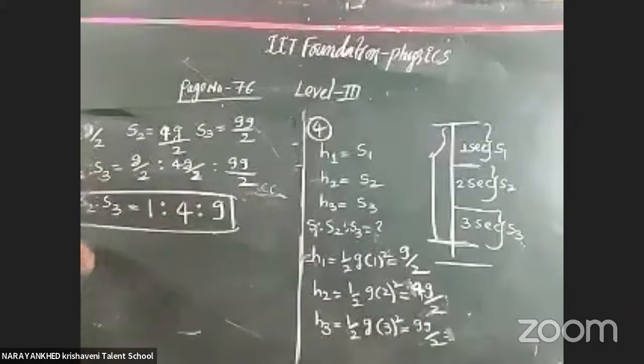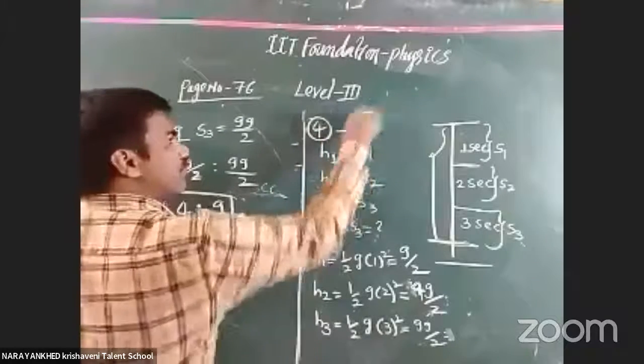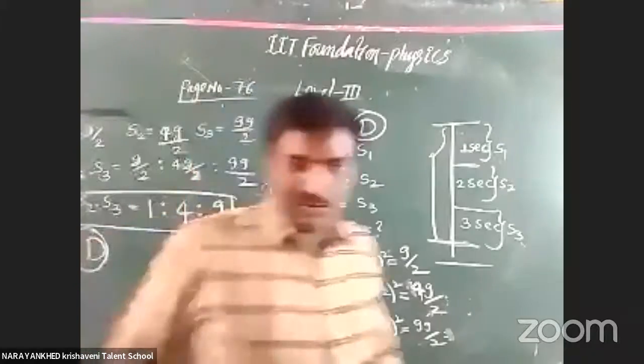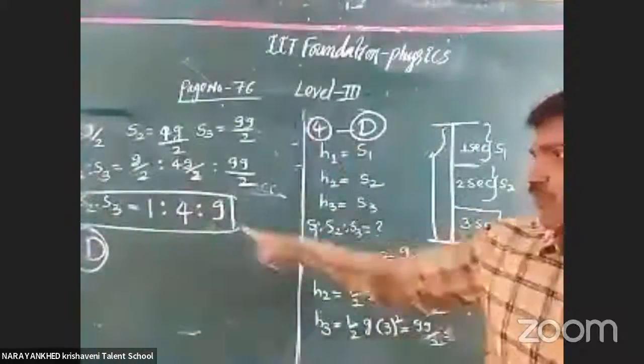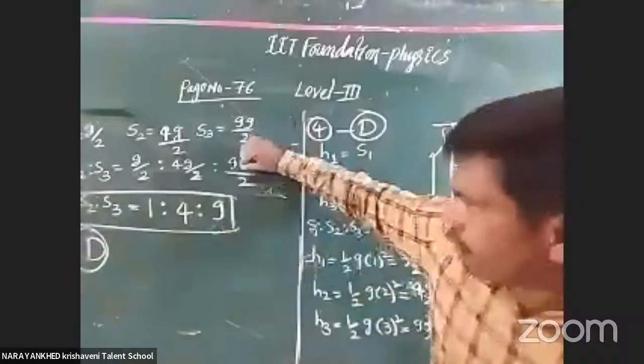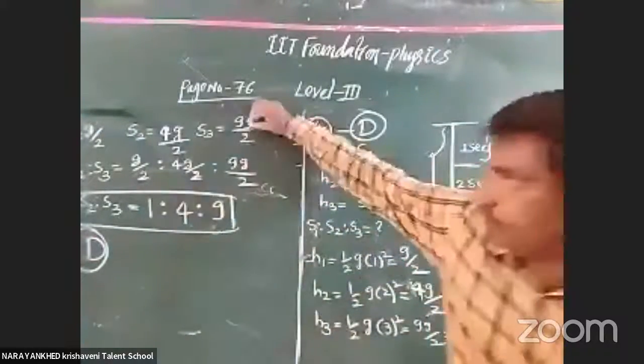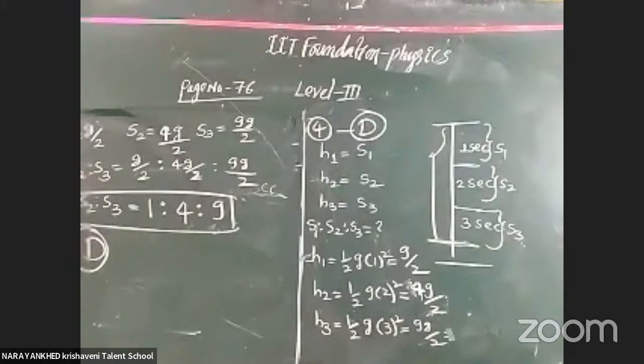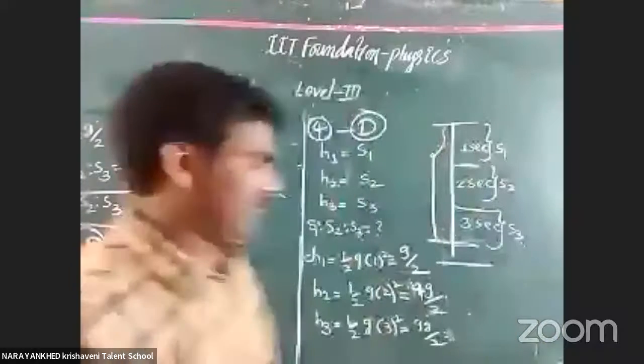The answer for us is D. Okay, the question 4 answer is D. 1 is to 4 is to 9 here. Got it or not, all the students? I hope you got it.